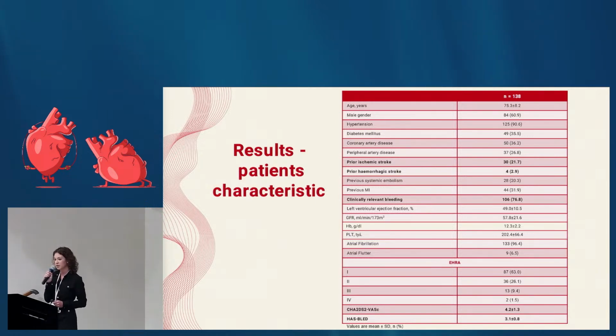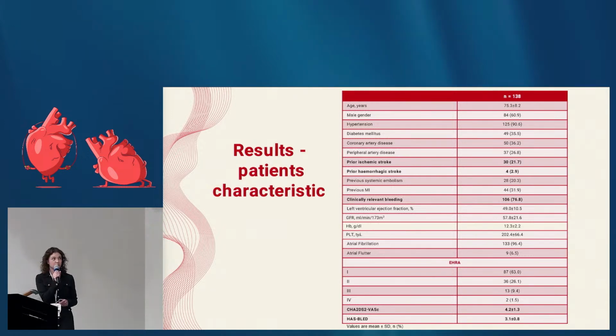By looking at the baseline characteristics, we can observe that the mean age of the study population was 75 years and almost 61% were male. The mean CHA2DS2-VASc score was 4.2 and the mean HAS-BLED score was 3.1. Prior ischemic stroke was present in 30 patients and clinically relevant bleeding in 106 patients.